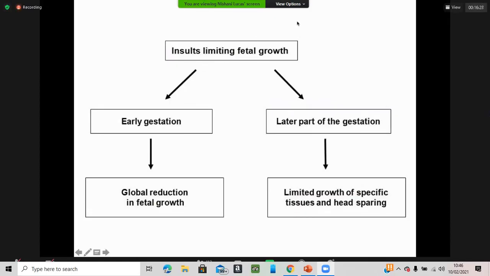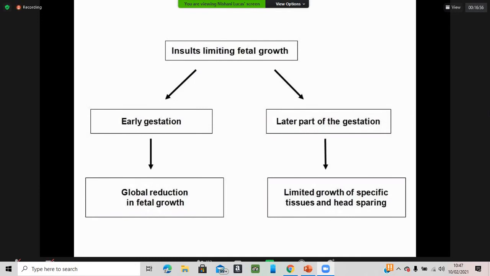Right, so insults limiting fetal growth can happen during early gestation as well as during the latter part. If it happens during early gestation, there is global reduction in the fetal growth, which means it will cause symmetrical growth restriction. It will affect all the tissues the same. So everything will be small.